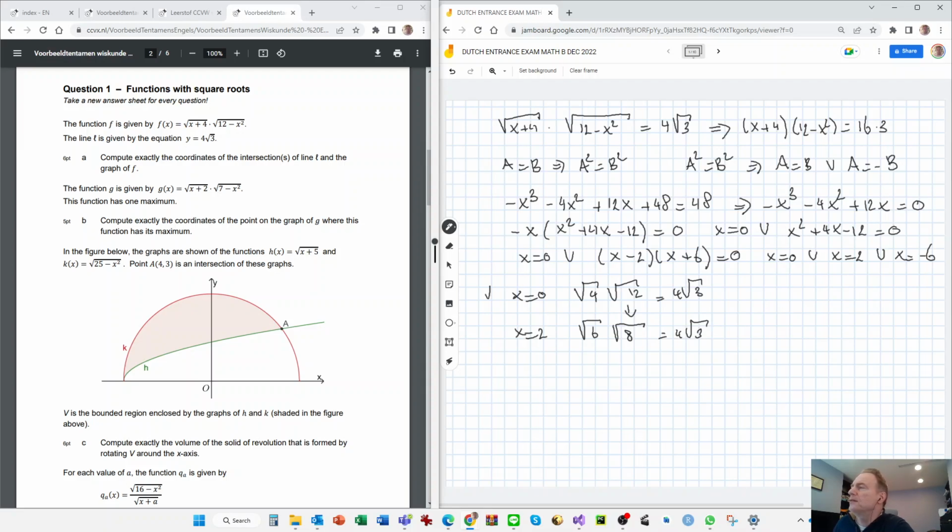And then x equals minus 6, that's a problem. You can see this becomes negative. Actually, both become negative. So we should exclude this.